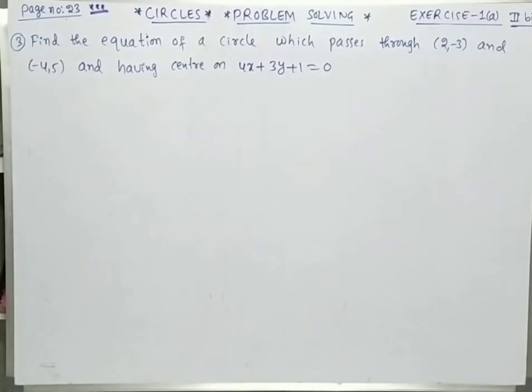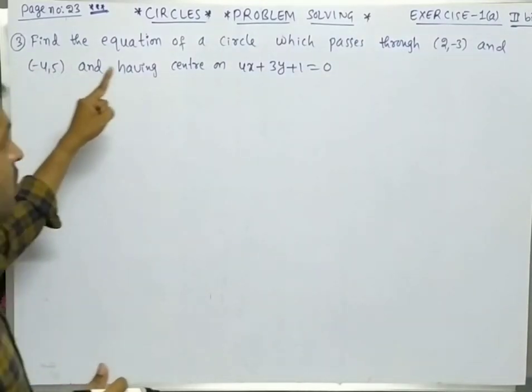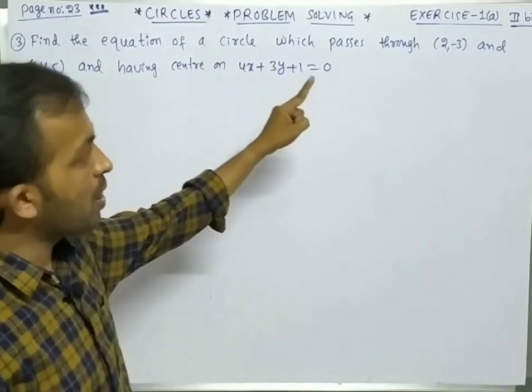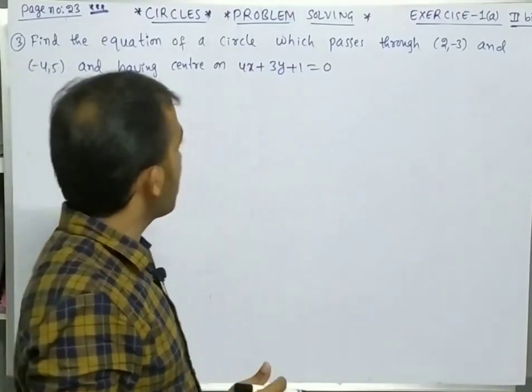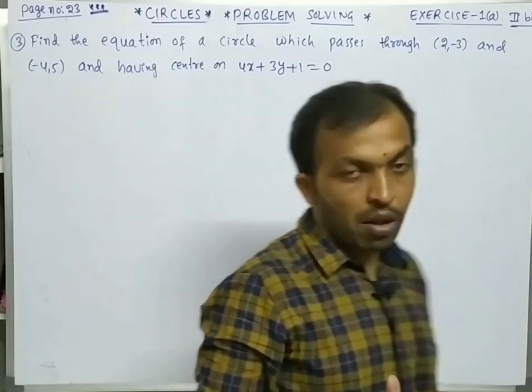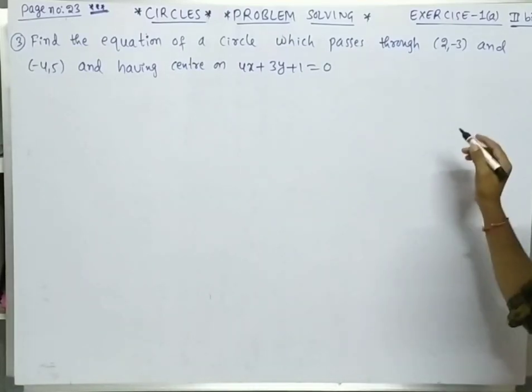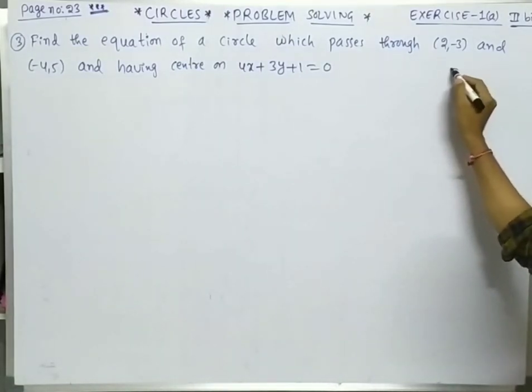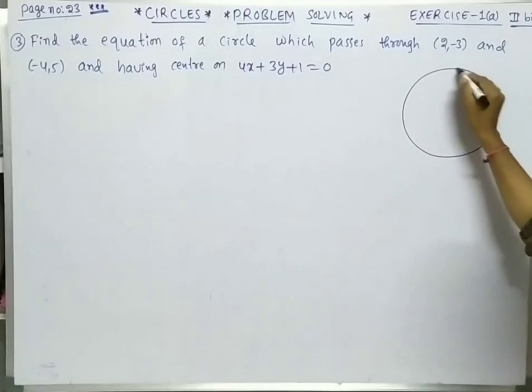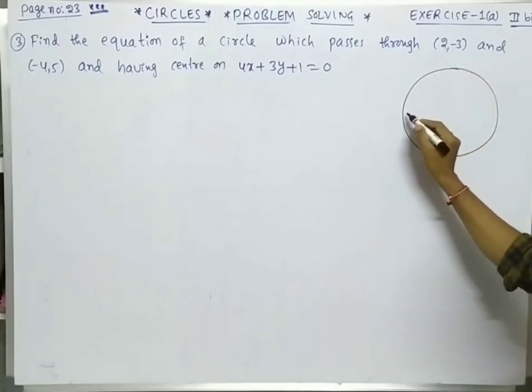Next important problem. Find the equation of a circle which passes through (2, -3) and (-4, 5) and having center on 4x + 3y + 1 = 0. So one point is (2, -3).